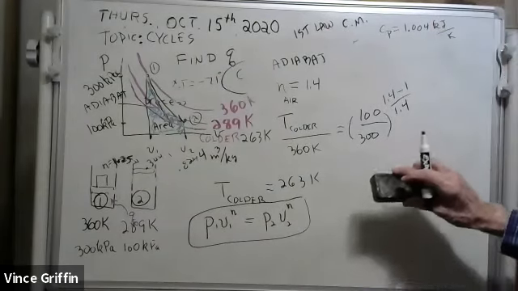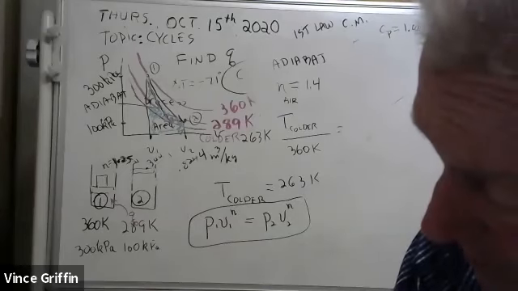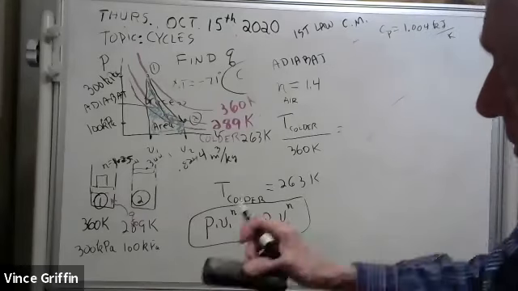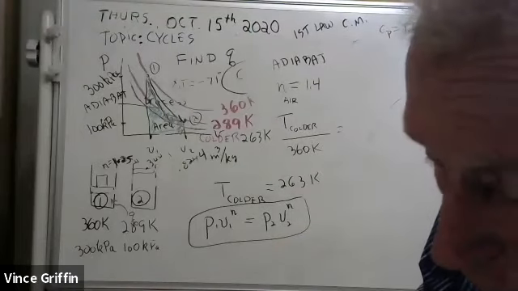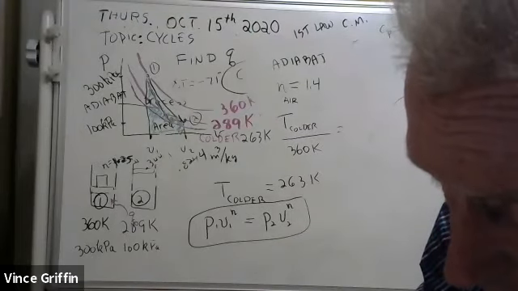Would N equals 1 mean that it's an adiabatic process? No, it doesn't mean it's an adiabatic process. If you have air, an adiabat has a polytropic constant of 1.4. Understand.